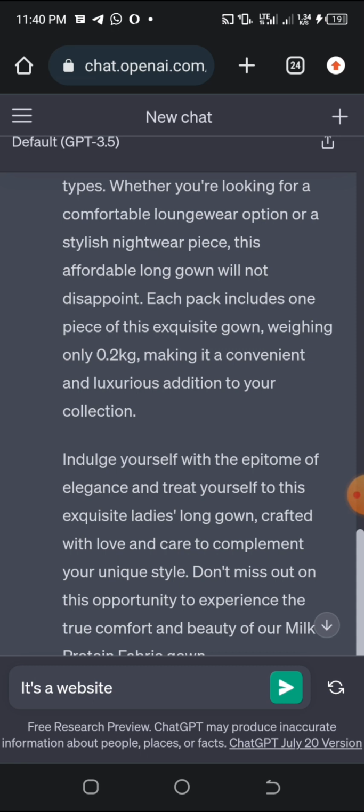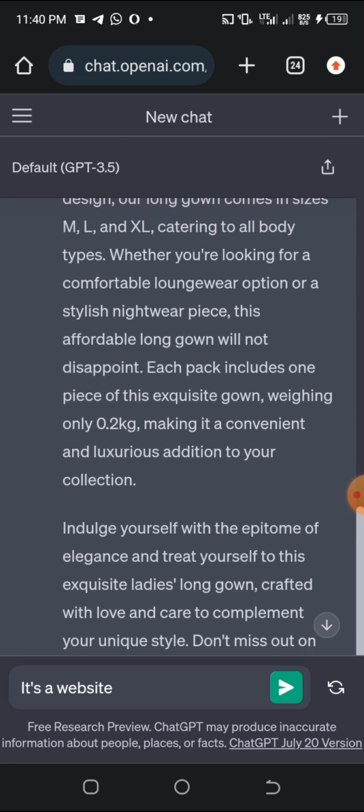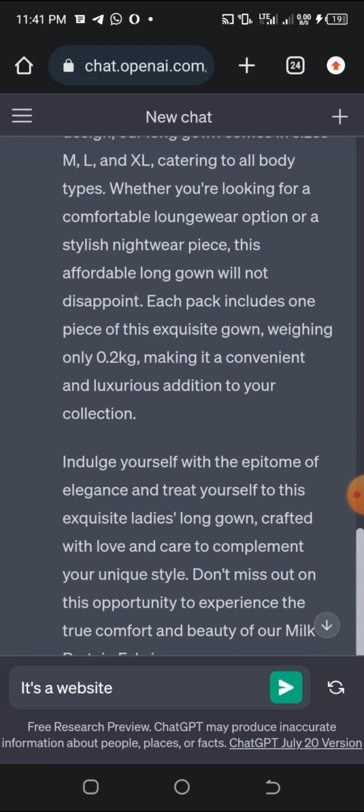Just make sure you furnish ChatGPT with the relevant information. And also, as part of writing your store description, you can ask ChatGPT to ask you questions about your business.